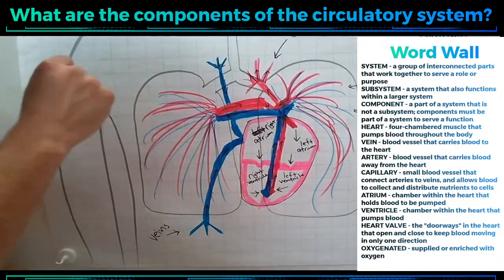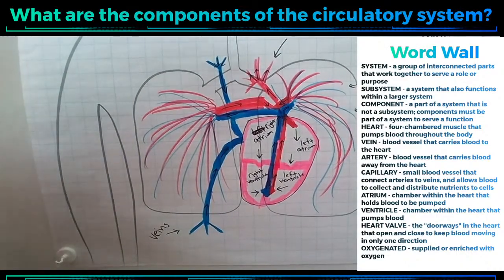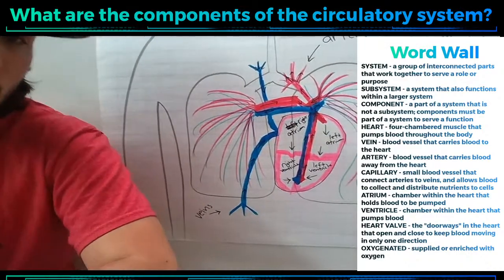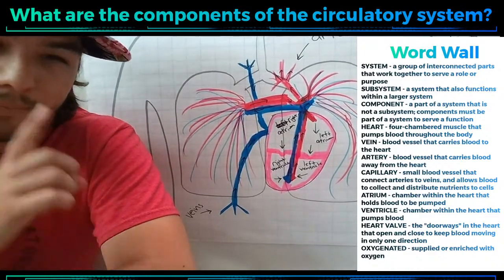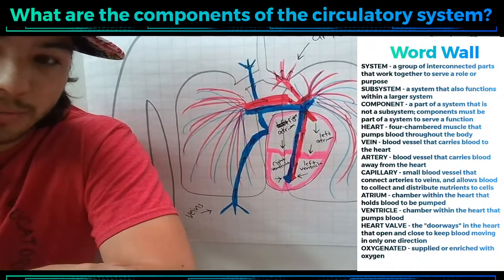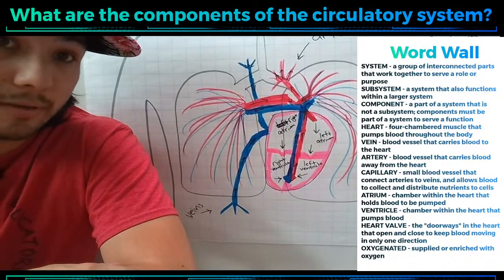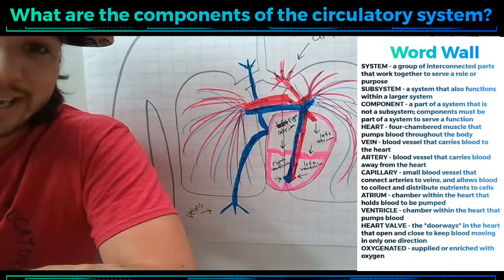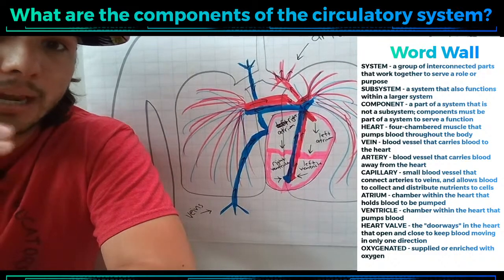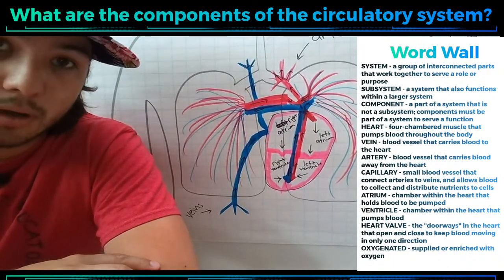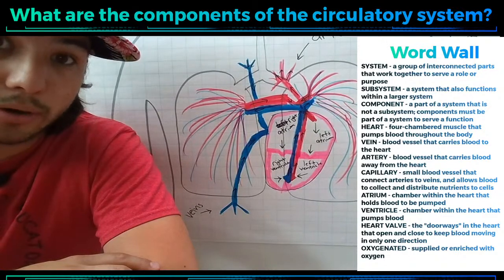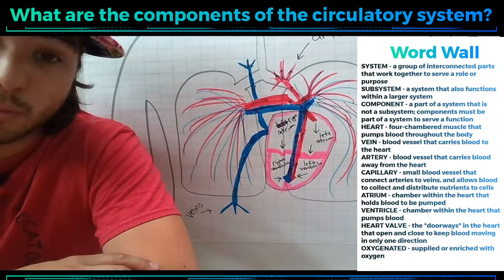And since those capillary walls are so thin, our capillary walls in the lungs connect to those air sacs in our respiratory system, if you remember from Monday. Those air sacs take in air and separate out the oxygen and all the usable parts in the air that we breathe.